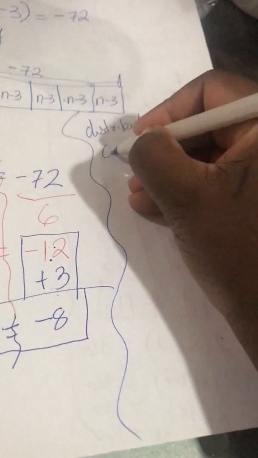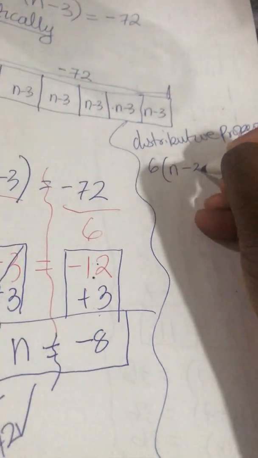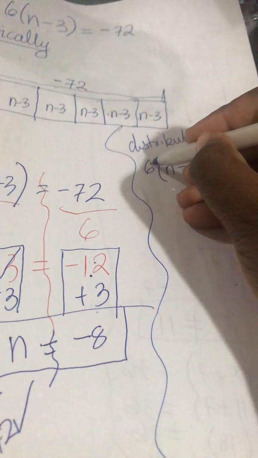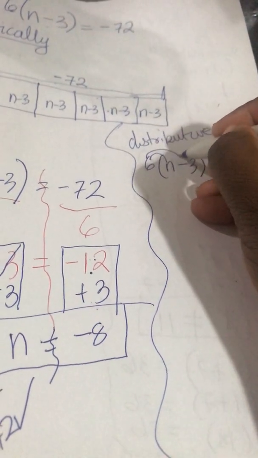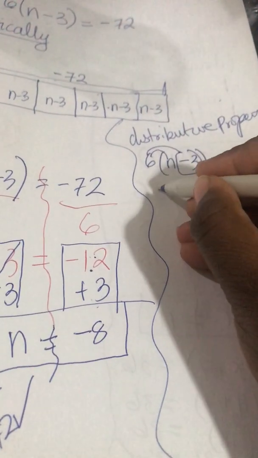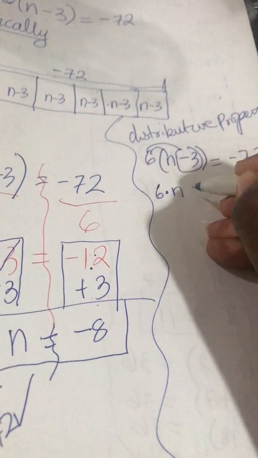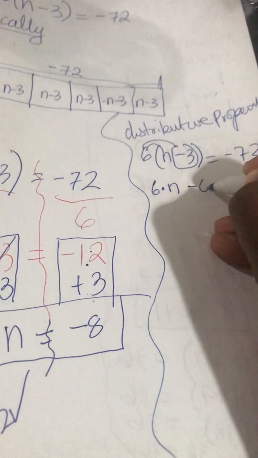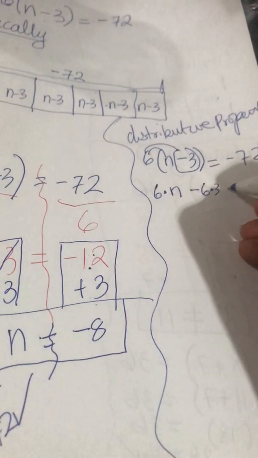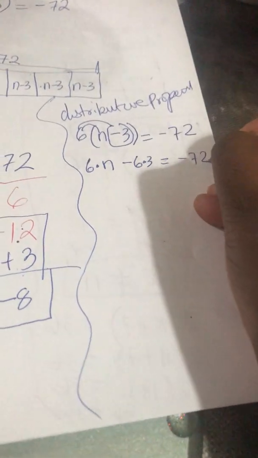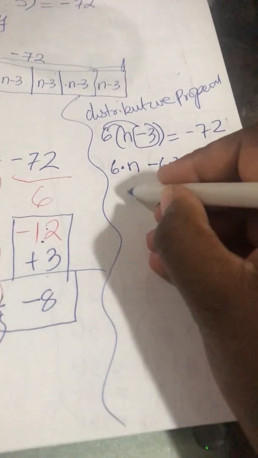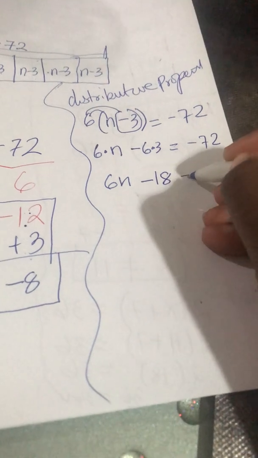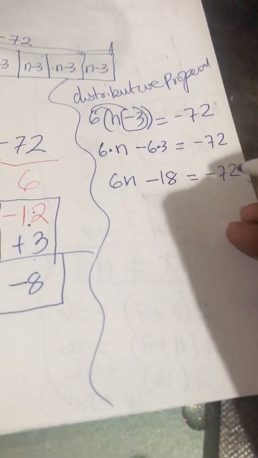So you will do 6 times n minus 3 equals negative 72. 6 to n, 6 to negative 3. 6 multiplied by n, and 6 multiplied by negative 3 equals negative 72. 6n minus 18 equals negative 72.